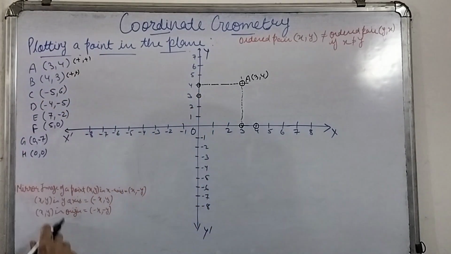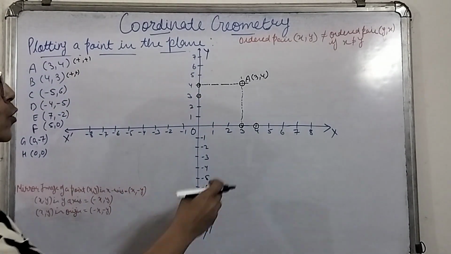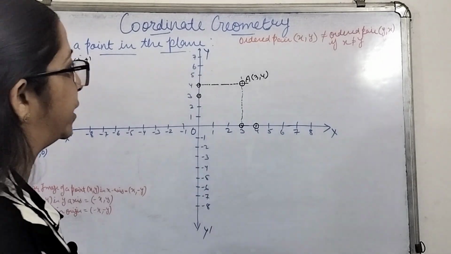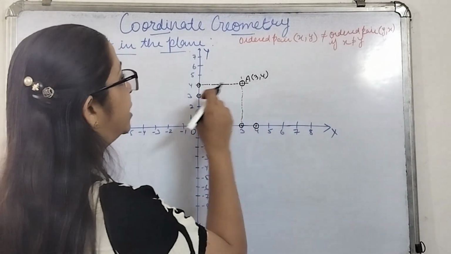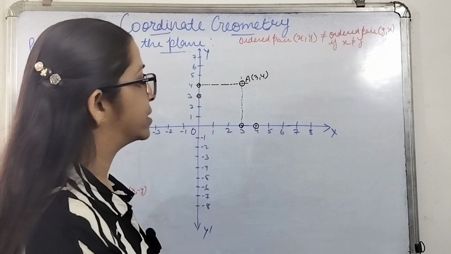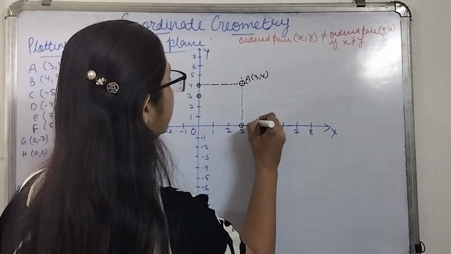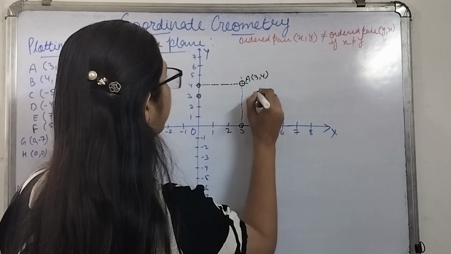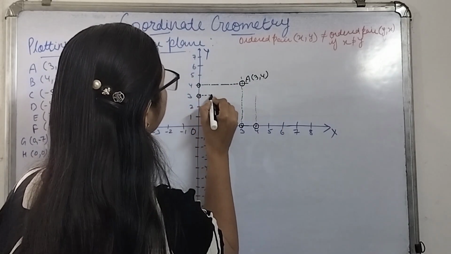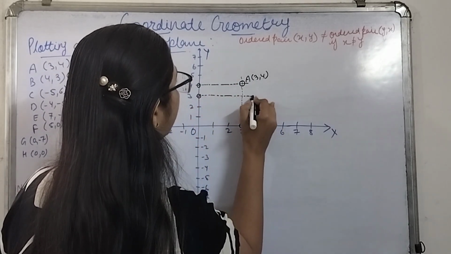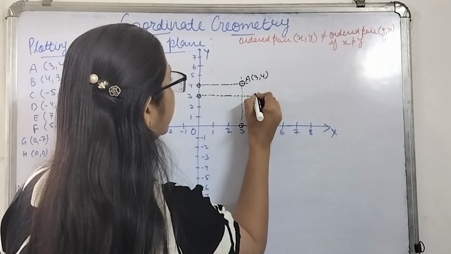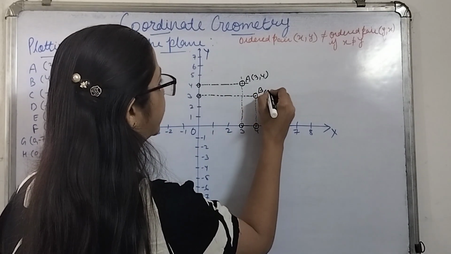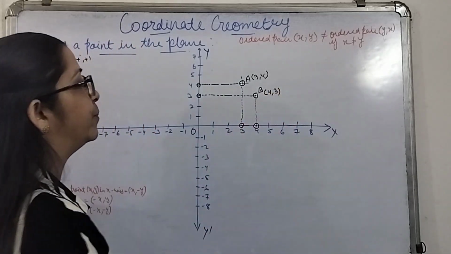Since this point lies in the first quadrant, from both the points we draw perpendiculars in the first quadrant, and the point where they intersect each other is the point B, and its coordinates are 4, 3.